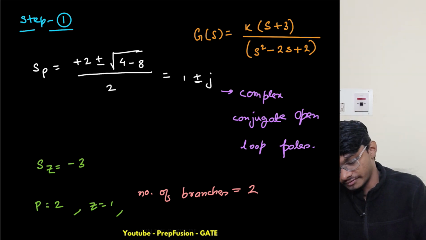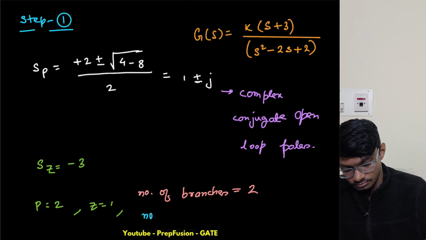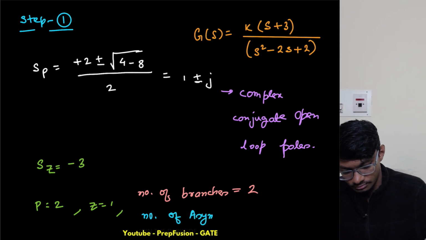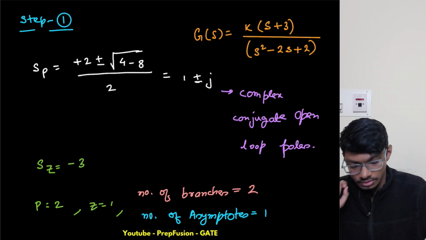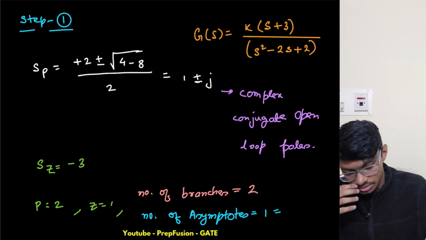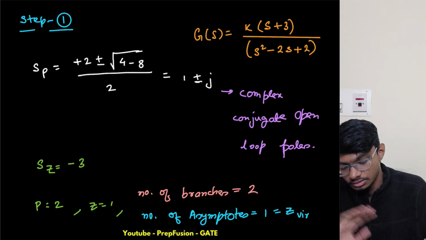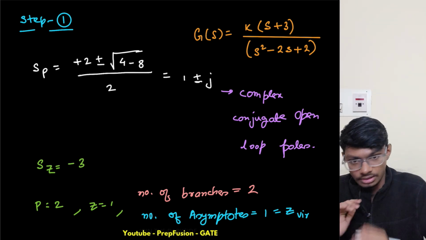So number of asymptotes equals 1 itself. It is the number of virtual zeros basically, which I can write as z star. So this is all the information about the first step.